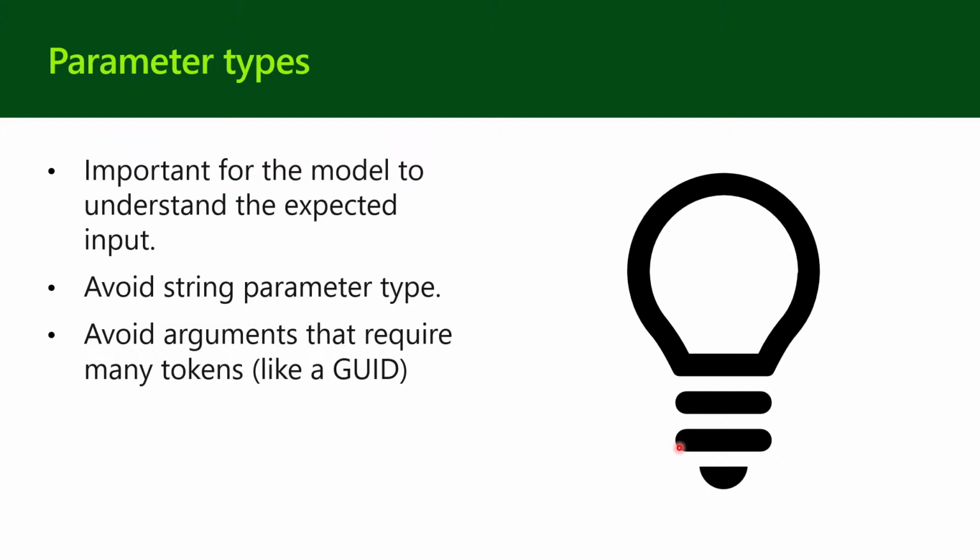But if you use an enum, it can serialize and deserialize, and it will have a meaning for it. Okay? And of course, you need to avoid argument types like GUIDs, because again, these parameter types will be part of your history and will increase your token size. That's why you need to use simple types like integer or decimal instead of long GUIDs. Okay.